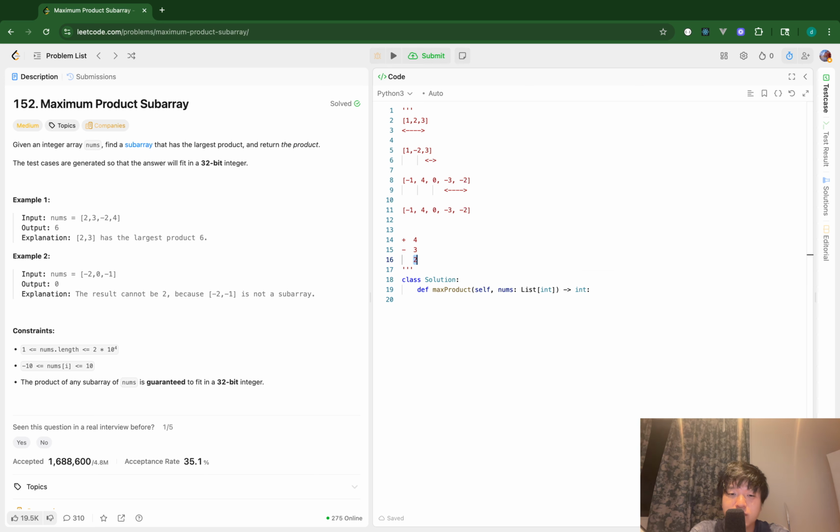And one exception is 0. Once I include 0 in the subarray, at that moment the subarray product becomes 0. So that's what I'd like to take care of.